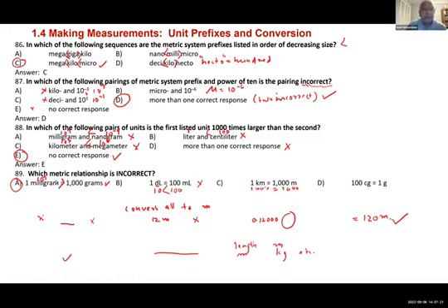Which metric relationship is incorrect? You go on finding out which one is right. It's incorrect. That's correct here. 1 milligram is, that's not correct.